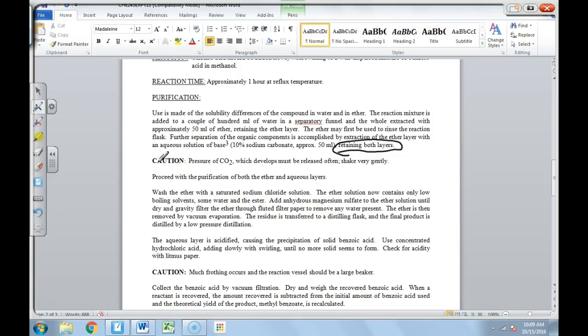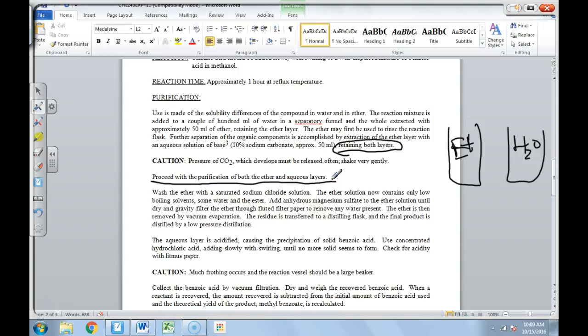When you separate the ether layer and the water layer, you're going to want to have two beakers, one with ether and one with water. And then notice it says proceed with the purification of both the aqueous and ether layers.